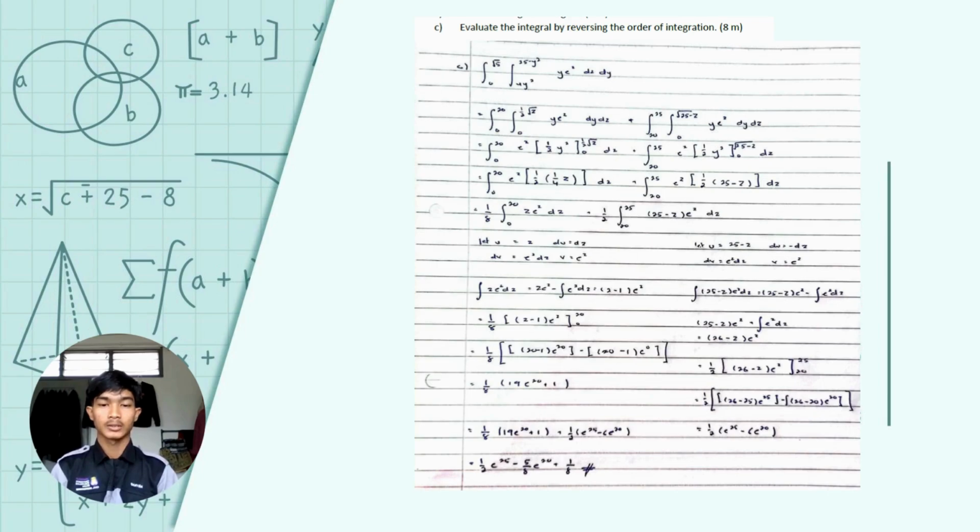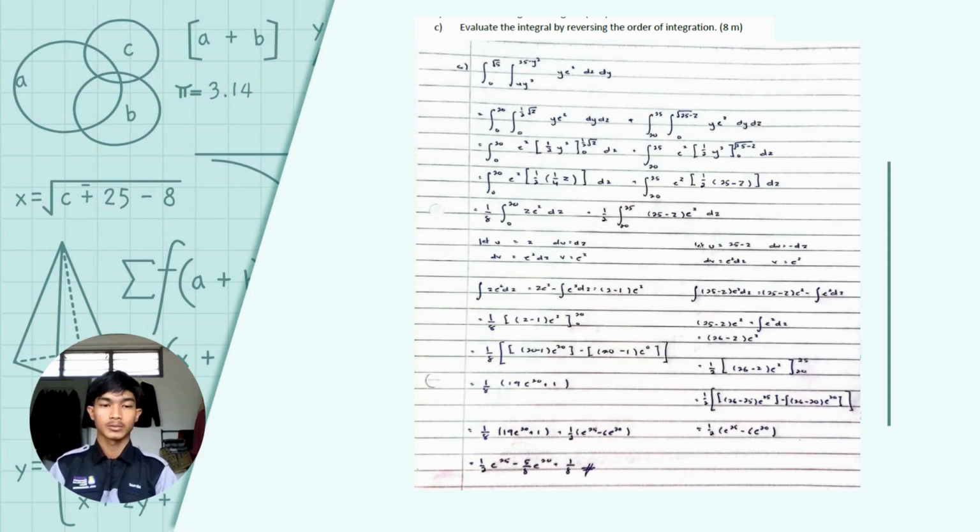The region shows z varies from 0 to 25 and for each value of z, y varies between these two curves. Using these new limits, the reversed double integral is set up and evaluated by integrating with respect to y first, followed by z.